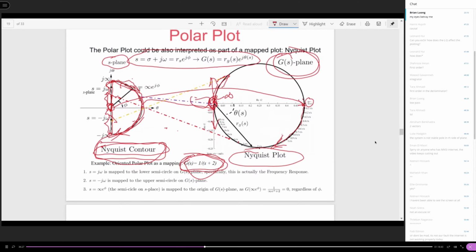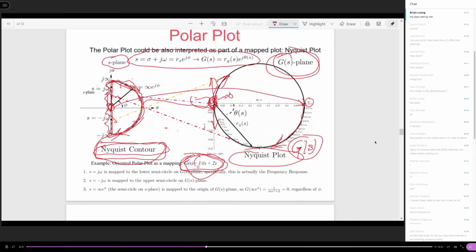And one conclusion we can draw is that if G of s is strictly causal, which means the transfer function's numerator order is lower than the order of the denominator.